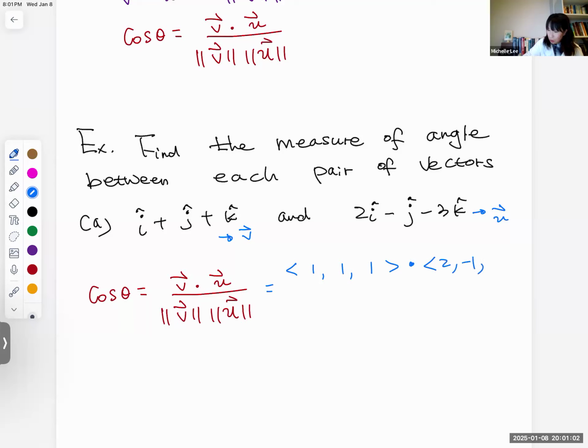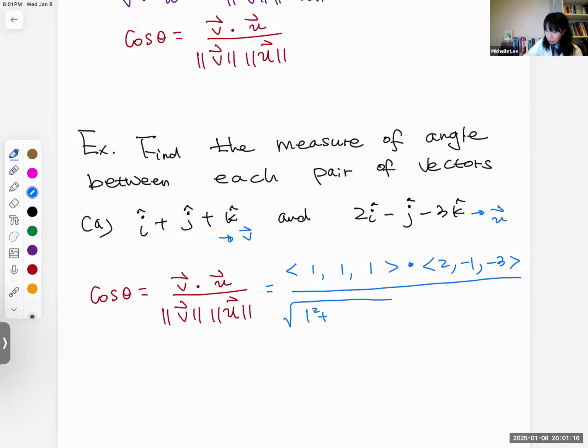And 2, -1, -3 over the magnitude of V, which is the square root of 1 squared plus 1 squared plus 1 squared, and the magnitude of U, which is 2 squared plus -1 squared plus -3 squared, right?